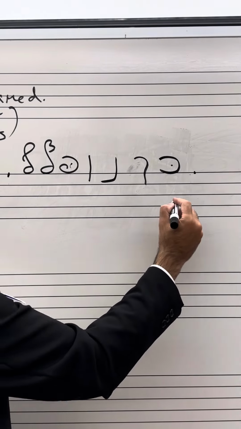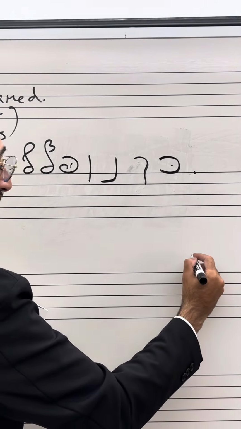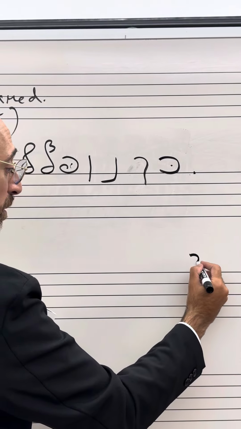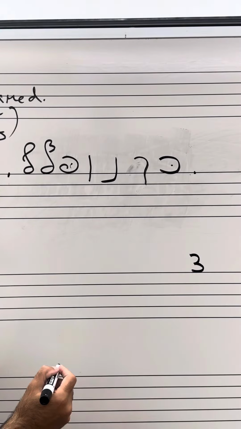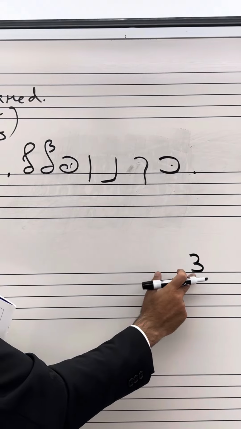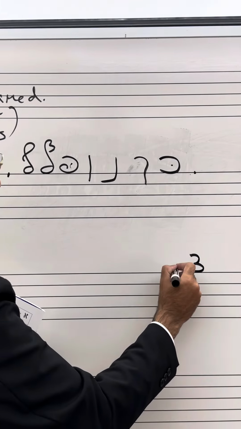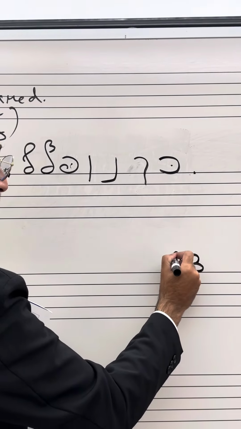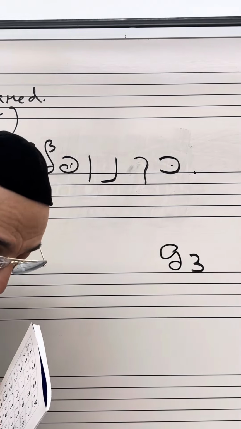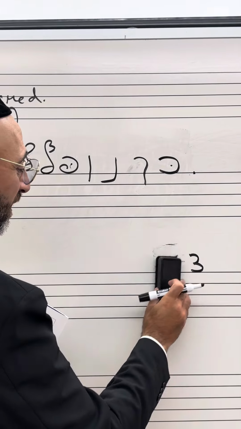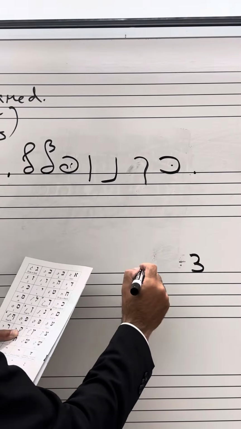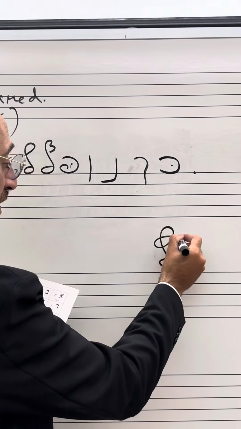Next, we have a tzadi. If you remember, the tzadi appears like this in script. That is how it appears in script. But when it appears at the end of a word, it goes through a transformation and looks like, oh, let me do that one again, I'm so sorry. When it appears at the end of a word, it appears like that.